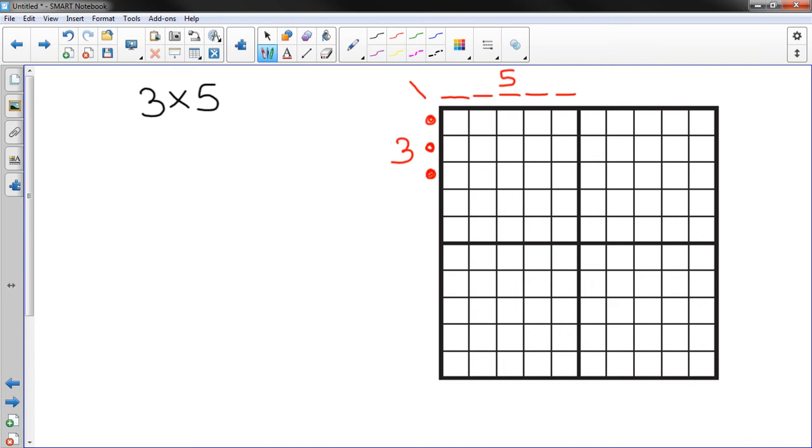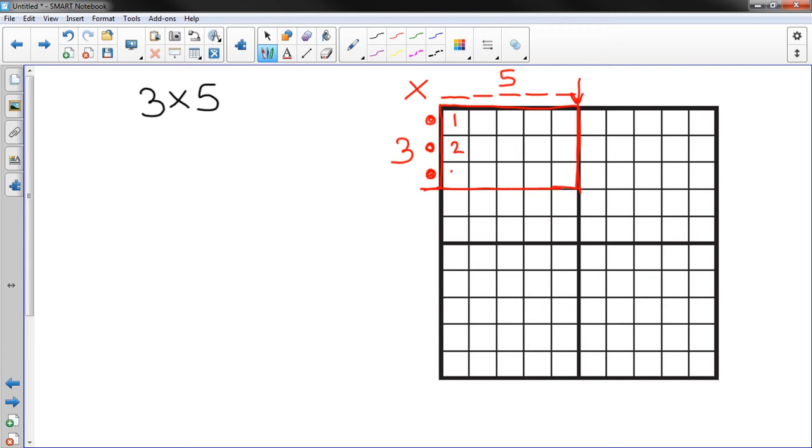And I always like to put the multiplication symbol up here so I know as your teacher when I look at your work that you're doing a multiplication problem. And after that, it's simply you right here is where 3 ends. You just draw a line right here, and it needs to meet where the 5 is right here. So you draw a line this way, and you get a rectangle. And inside that rectangle is your answer on the graph paper.